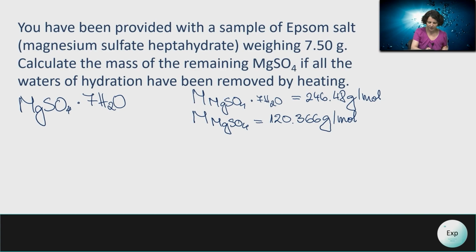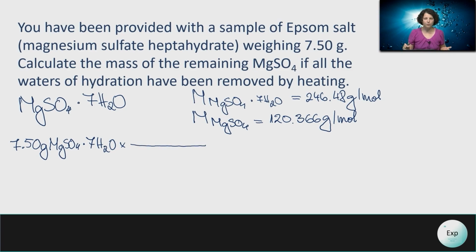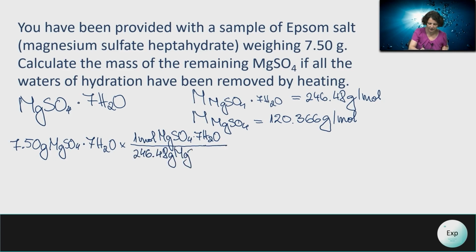We start with what is provided in the problem, 7.50 grams of our magnesium sulfate heptahydrate. And we're going to multiply it first to convert to number of moles of the hydrate. Every 1 mole of magnesium sulfate heptahydrate weighs 246.48 grams of magnesium sulfate heptahydrate.